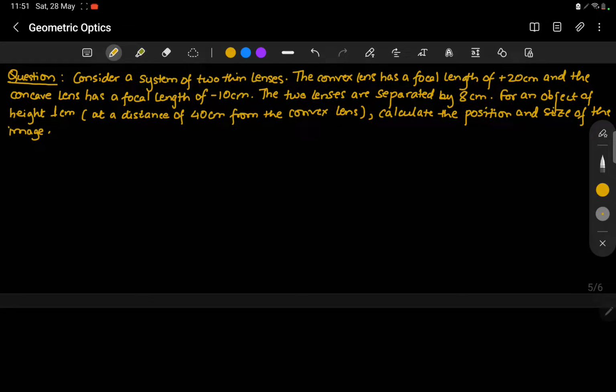So let us first draw the diagram before attempting to solve this.